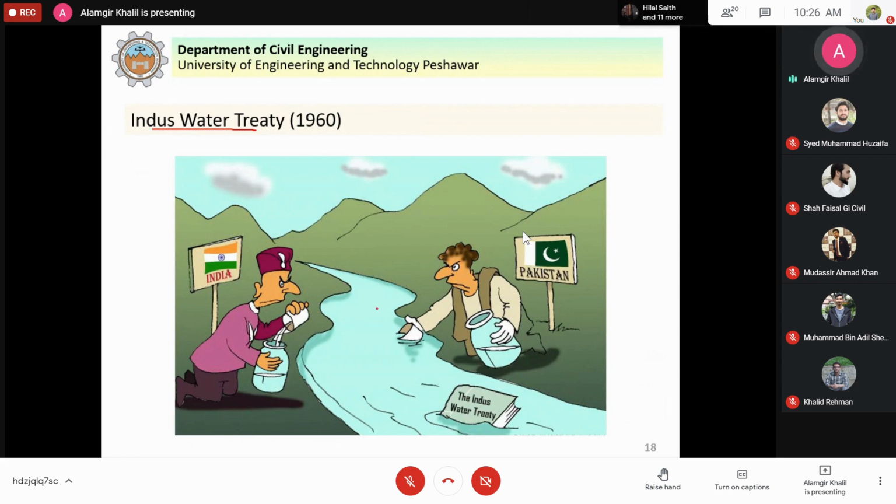And also these rivers are transboundary. For example, the rivers that flow into Pakistan originate in India. So definitely India will use the water to meet its demands, and that can affect the water availability for Pakistan.